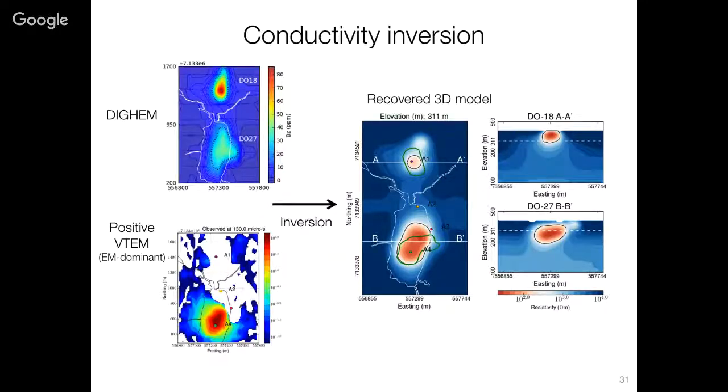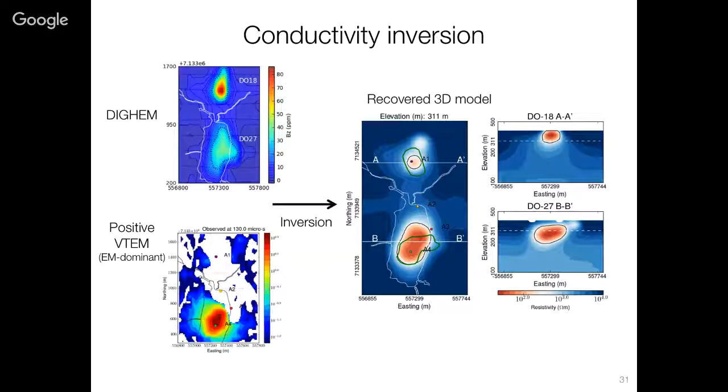So what we're going to do, we need to get a conductivity model. So we're actually going to have to combine both a frequency and a time domain model. We got rid of all of the soundings that did not have positive values to start with. And then we used the DIGEM data, combined those two, and you got a 3D recovered model.